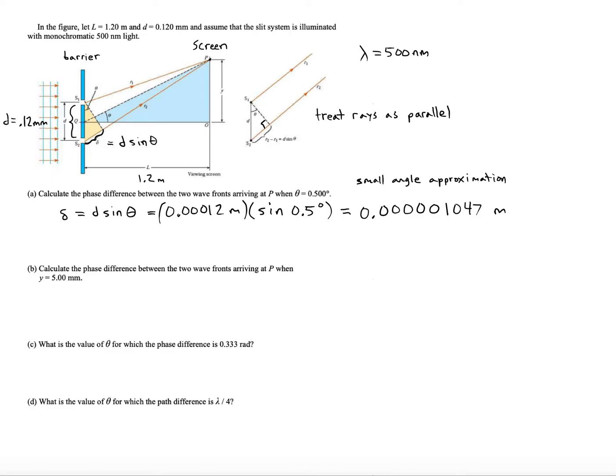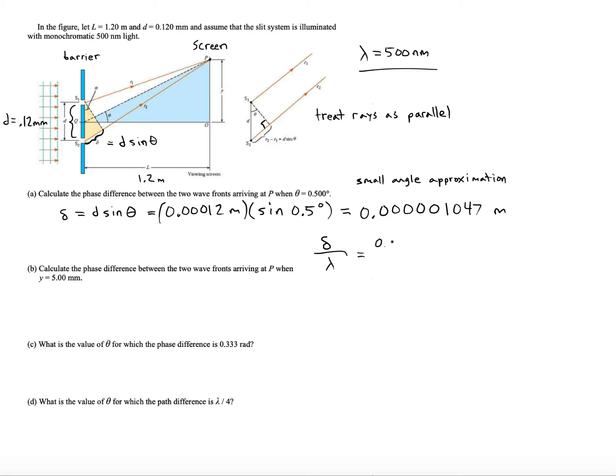Alright, now we also know that the wavelength of this light that's being used in the experiment is 500 nanometers. So we got to find out what fraction of a wavelength has been completed. To do that, you could divide the path length difference by the wavelength, and it would give you a certain fraction.